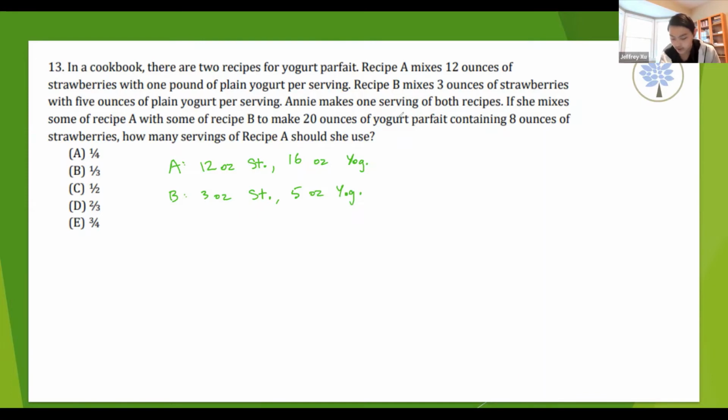So what Annie does is she mixes some of recipe A with some of recipe B to make 20 ounces, which has 8 ounces of strawberries. So that means in the end, you have 8 ounces of strawberries and 12 ounces of yogurt.